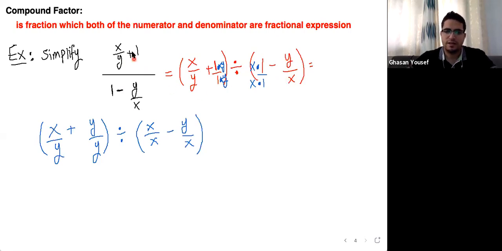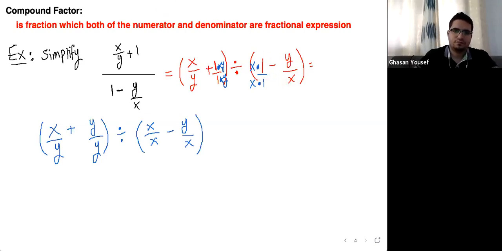Now here I have 1, so I should make the denominators equal to do the sum of the two fractions inside the parentheses. So I have 1 over 1, and I should multiply the denominator by y and the numerator by y. On this side, I have to multiply both by x because the denominator here is x.